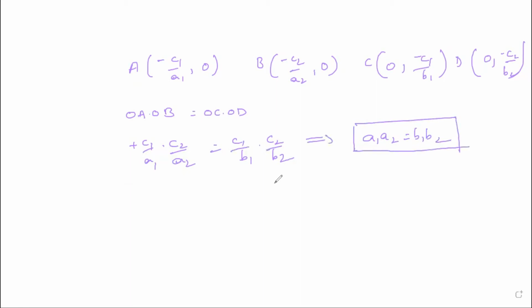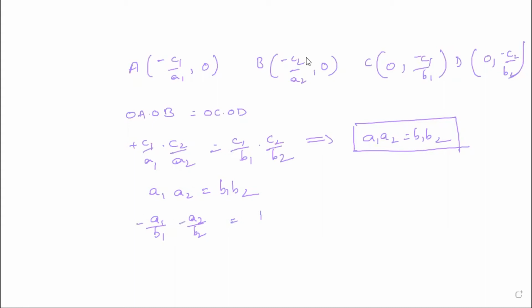The moment we know the coefficient of x and coefficient of y of the straight lines, we can directly use this as a condition. If we rearrange, A1 A2 is equal to B1 B2, or you can write A1 by B1 into A2 by B2 is equal to 1, and introduce a minus sign.